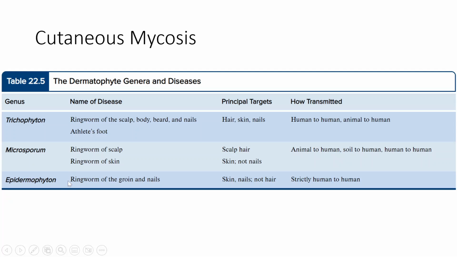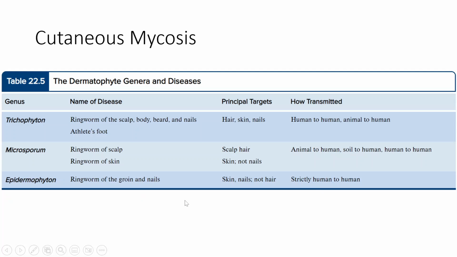Then we have epidermophyton, and this is one that you can get on the groin and the nails, so you're seeing this in the genitalia areas, the groin area, and this one only happens from human to human.